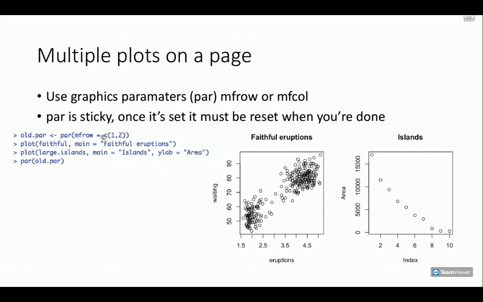So whenever we give mfrow, it means that the first number that we are giving is the number of rows that we want to specify. So in this, if we change the parameter to c(1, 2), we are saying we want just one row and two plots within the same row. And you could similarly change it to mfcol c(1, 2). That means the plots will be one on top of the other in one column.